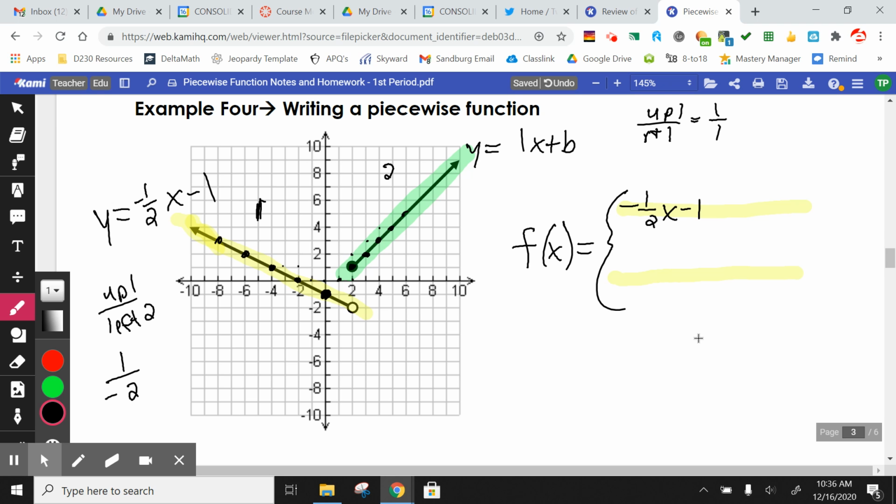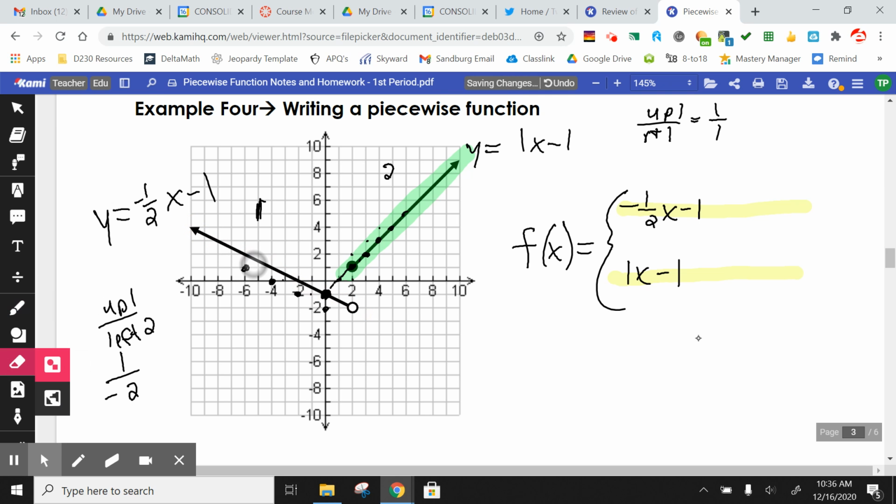If I go down 1, left 1 again, if I extended this line, wouldn't I have crossed the y-axis at a -1? So we're going to say our y-intercept, if that line were to continue, we're going to change this to be a -1. That's the second equation, 1x minus a 1.